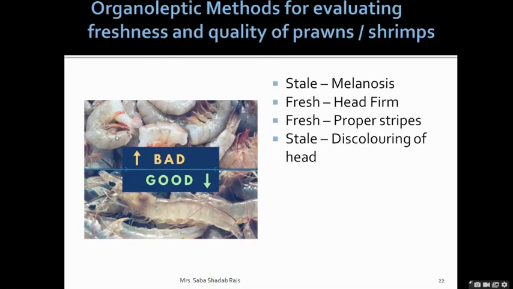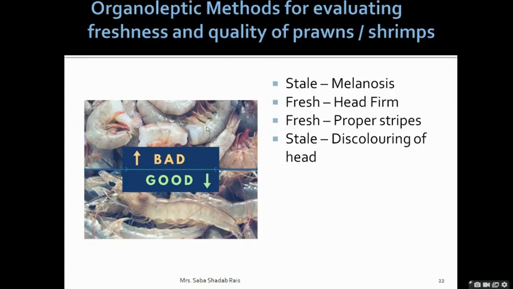Now see, in the case of the prawn, if the head is firm, that means the prawn is fresh. But as time goes by, the head of the prawn starts becoming loose, and most of the time it just dislocates.